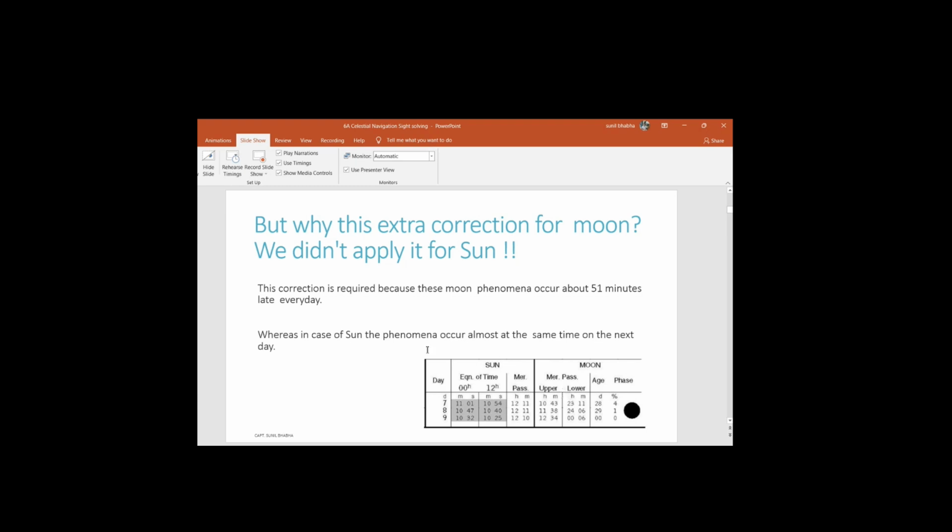Okay. So let's proceed now. We know now that the moon phenomena occur about 51 minutes late every day. Now, if the phenomena occurs 51 minutes late, let's now see through a diagram what it means to us when we are calculating the meridian passage of the moon at any particular longitude.